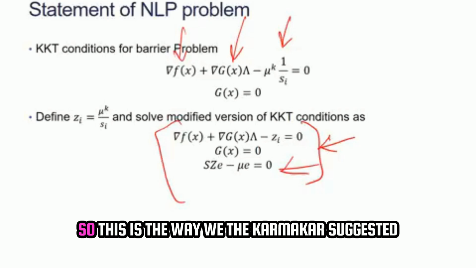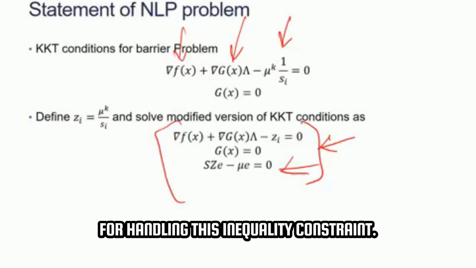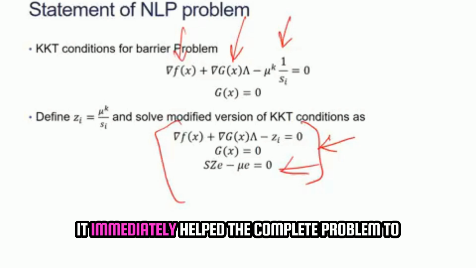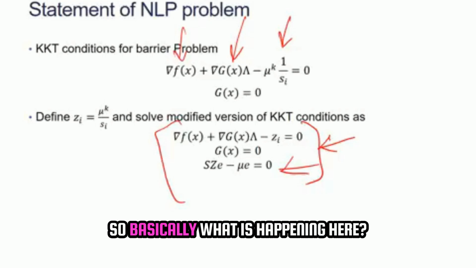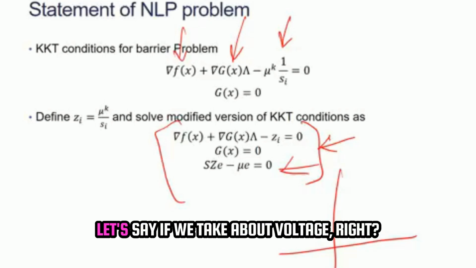right? So this is the way Karmarkar suggested for handling this inequality constraint, and it immediately helped the complete problem to remain within this limit. So basically what is happening here, let's say we talk about voltage, right?